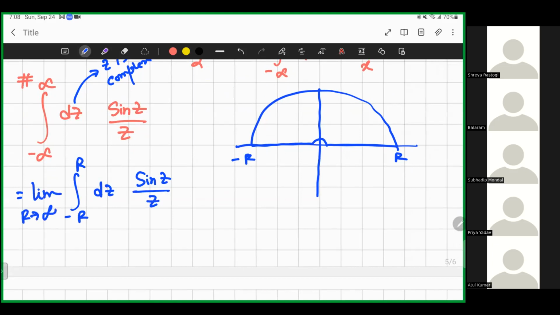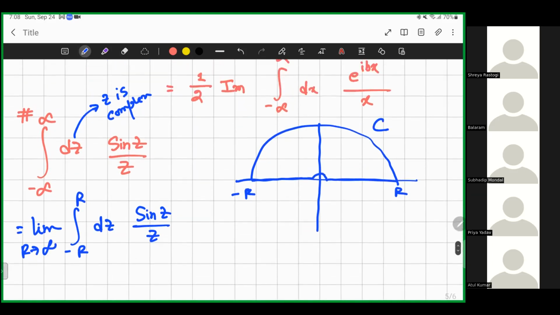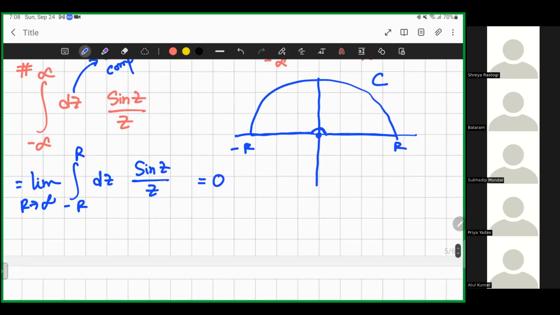In this overall contour, here z is 0, there is a singularity, but we are not taking this z equal to 0 point. So in this contour, everywhere the function is analytic. So we can say this should be 0, because the Cauchy integral theorem says that if the function f(z) is analytic over the whole region of the contour, then the integral will be 0. So this is 0.